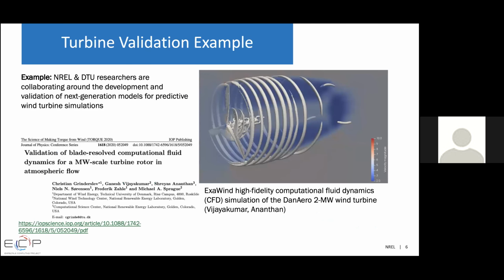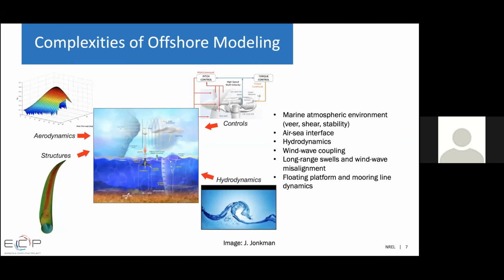So here's just a little example just to show that naluwind actually totally models turbines. This was done between NREL and Denver Technical University, I think. Really just validating a certain megawatt scale turbine that they're using in Denmark. So this is just really to show the picture of a turbine with vortices.